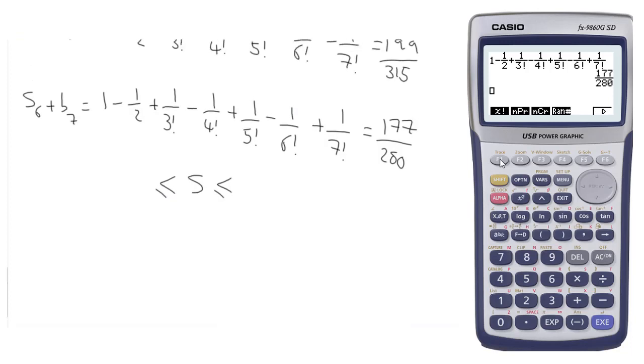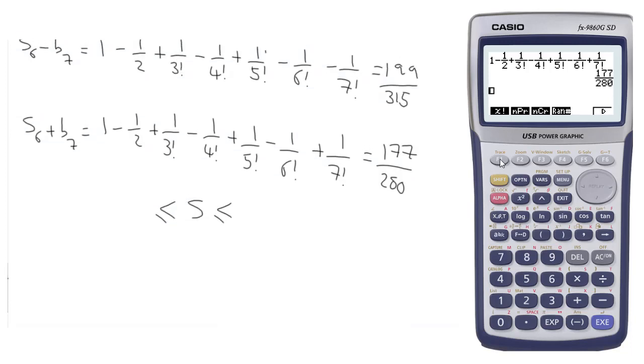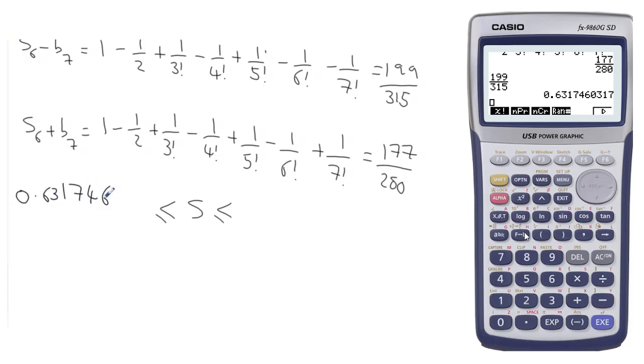Because this is a decimal question, we've been asked to correct to 3 decimal places, so we need to turn these fractions into decimals. 199 over 315 is 0.6317460317, and 177 over 280 is 0.6321428571.